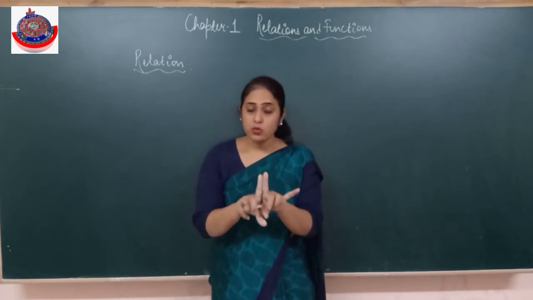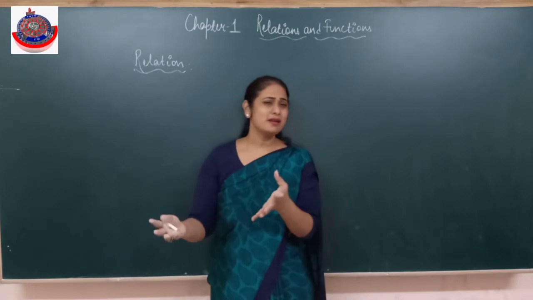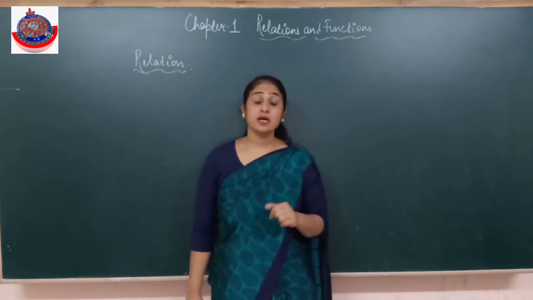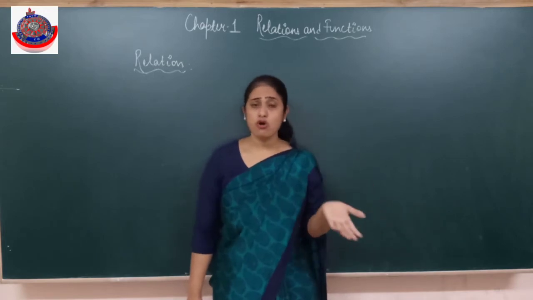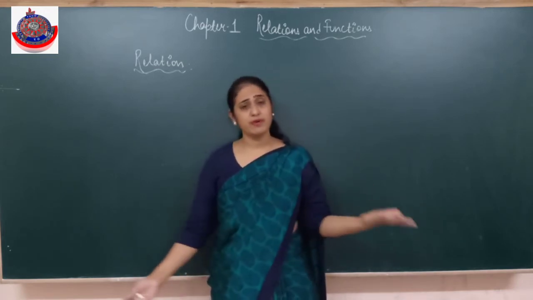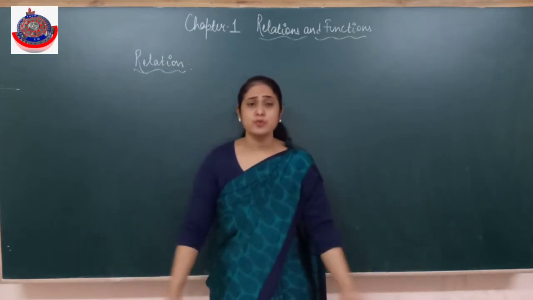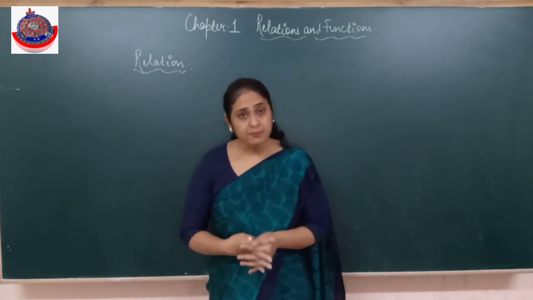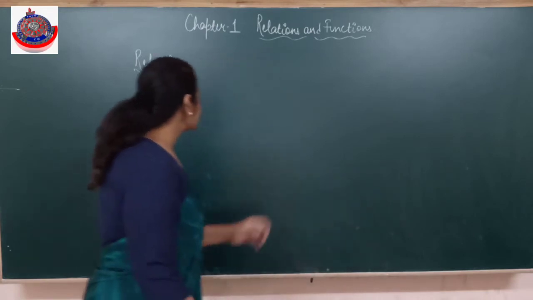It can be equal to, greater than, parallel to, because we are talking about mathematical relations. Otherwise, a general relation is sister of, brother of, father of, mother of. So a relation can be any between two persons, but we deal with mathematical relations. Clear, children? Alright. So what was the definition of relation?